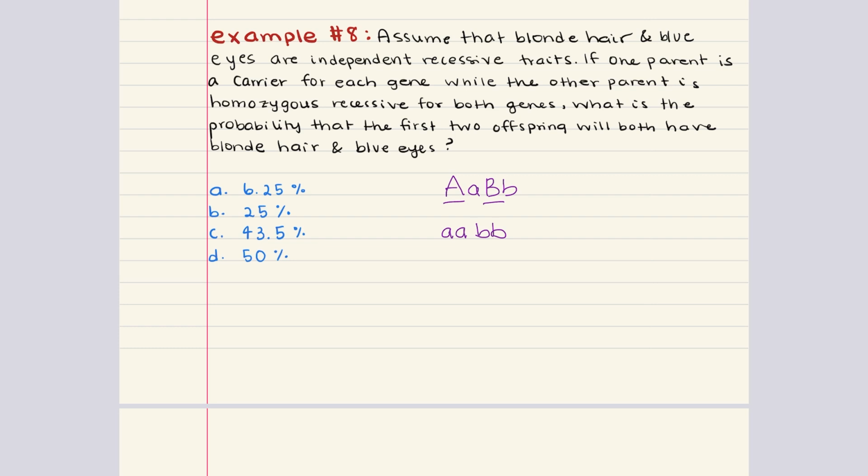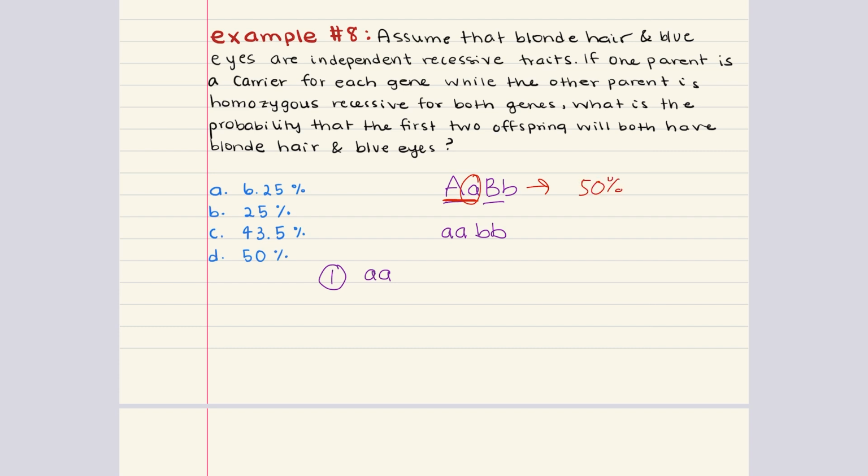Let's first calculate the probability of inheriting blonde hair. This requires the genotype lowercase a, lowercase a. Now, from the carrier parent, there is a 50% chance of passing on the recessive allele. So we're going to write that down, 50% chance.